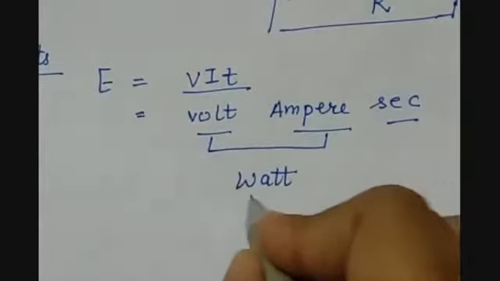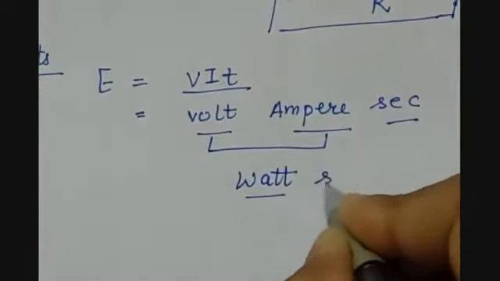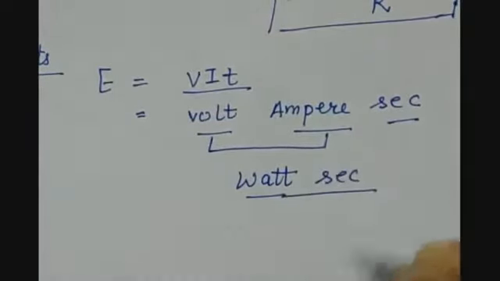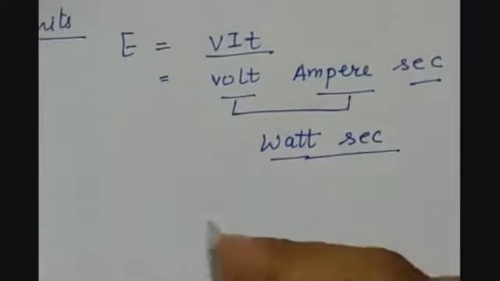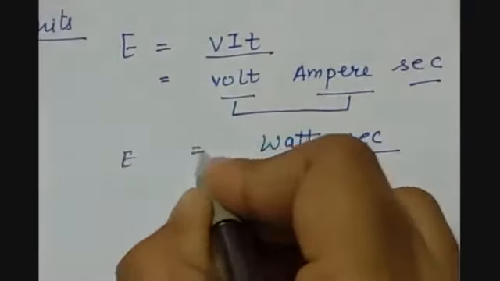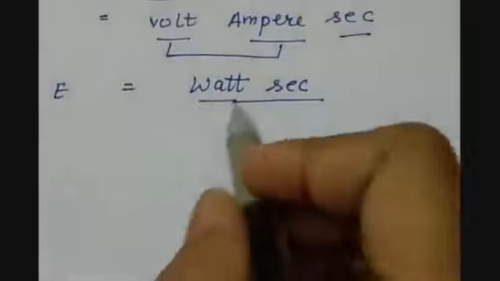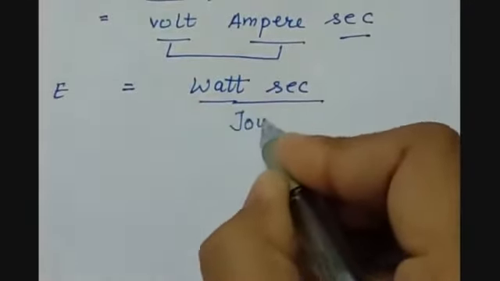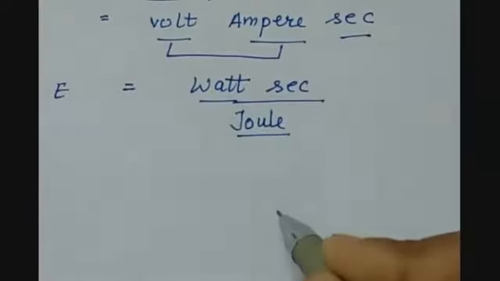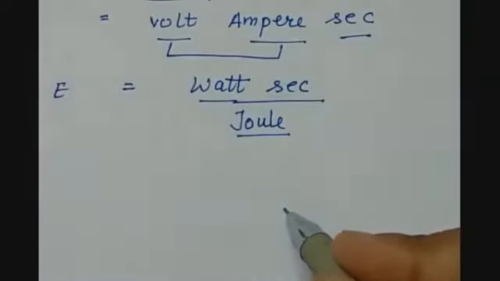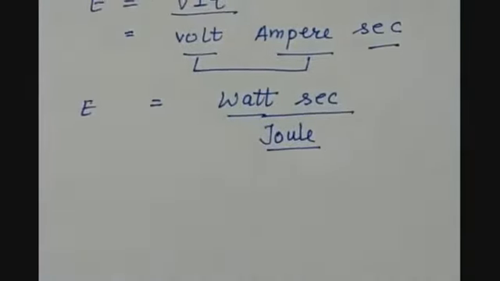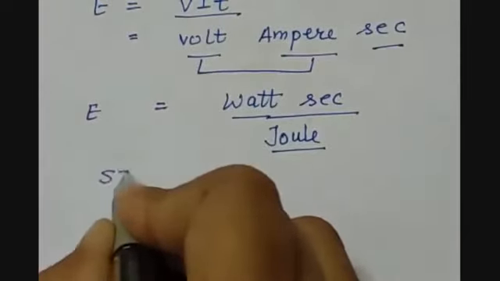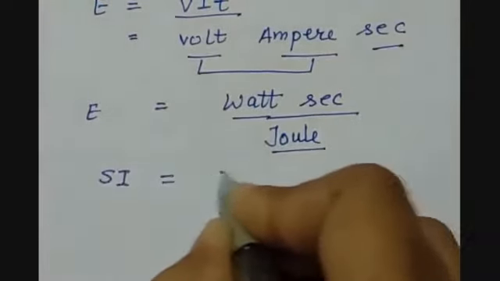So now the unit becomes watt second. Watt second together are called joule, which is the unit of electric energy. So the SI unit of electrical energy is joule.